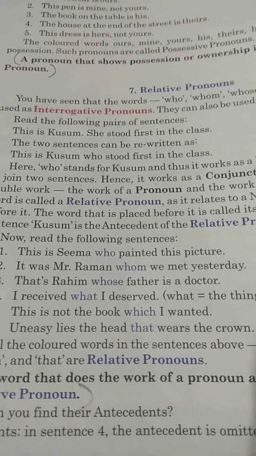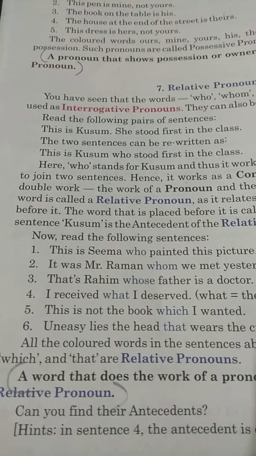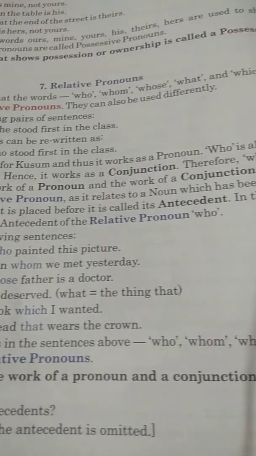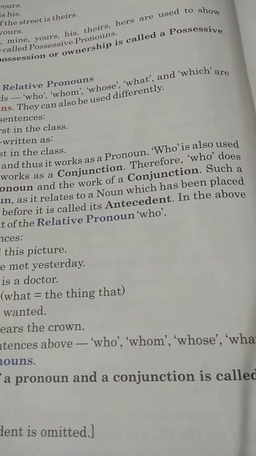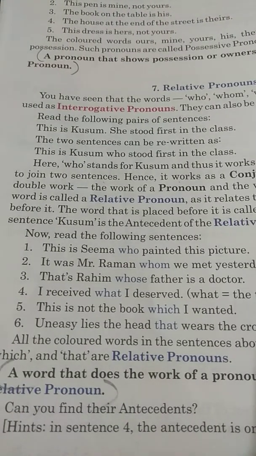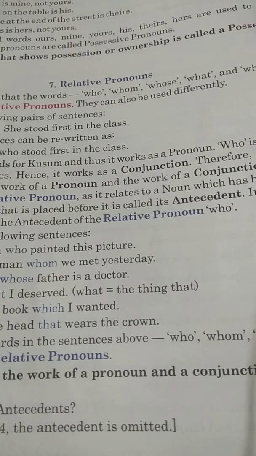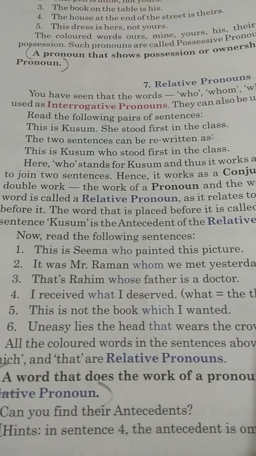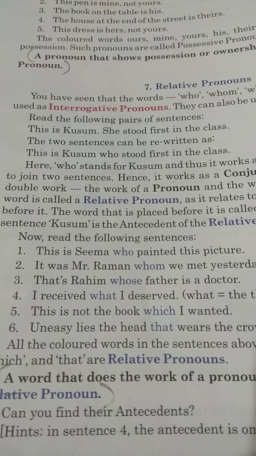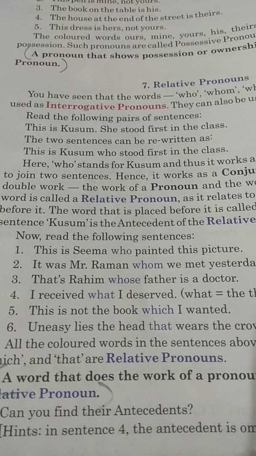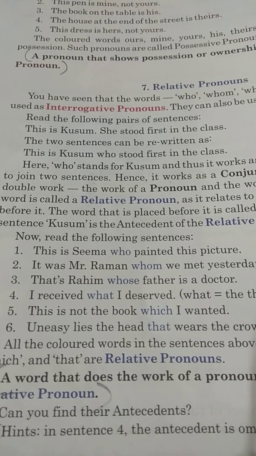Then after that, relative pronoun. You have seen that the words who, whom, whose, what and which are used as interrogative pronouns. They can also be used differently. Read the following pair of sentences. This is Kusum. She stood first in the class.